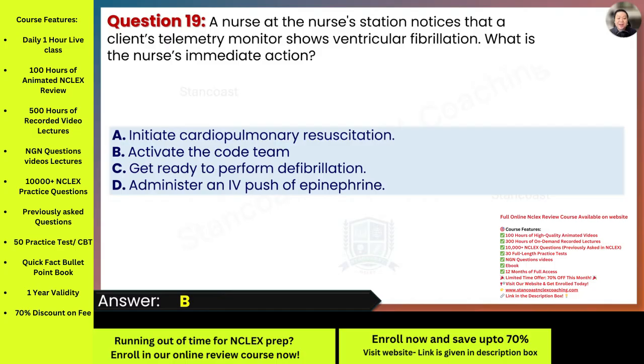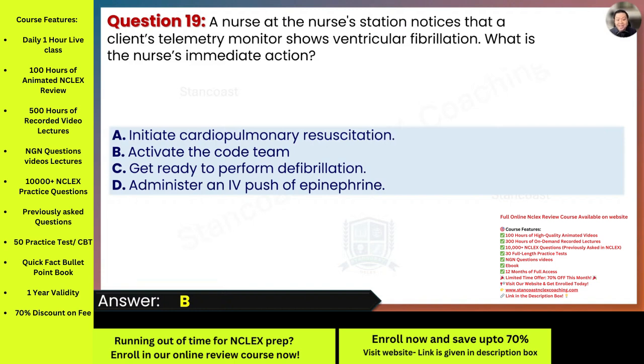So their action must be aligned with getting help and definitive care to the patient as quickly as possible. Now, activating the code team focuses on the most efficient action. And since the nurse is at the nurse's station and doesn't have access first to the patient's bedside equipment like a defibrillator, the most effective way to address VFib here is to call a stat code.